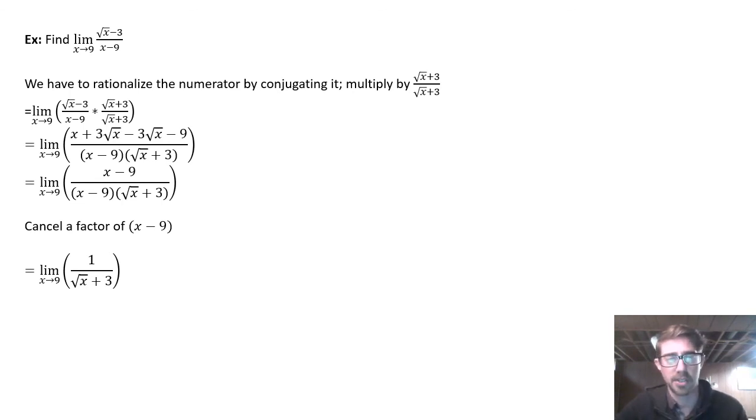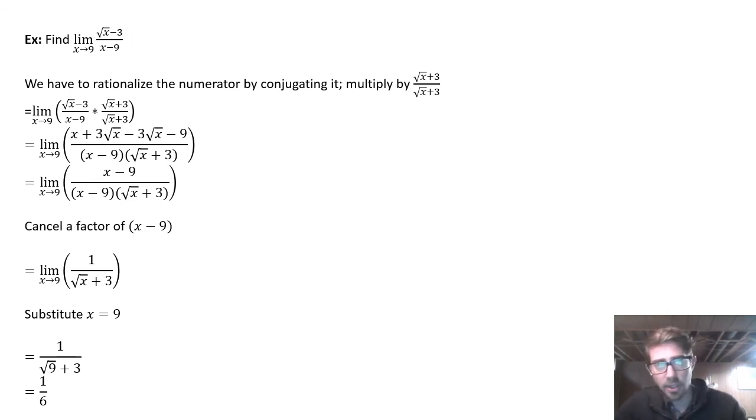So we canceled out the factor that was causing the problem. This is the thing that was causing the 0 over 0. You can't plug it in here, but you can plug it in here. So that's what we mean by getting it to a place where you can just evaluate the limit by direct substitution. So you just stick 9 in for x, and it's 1 over the square root of 9 plus 3, which is 1 over 3 plus 3, which is 1/6.